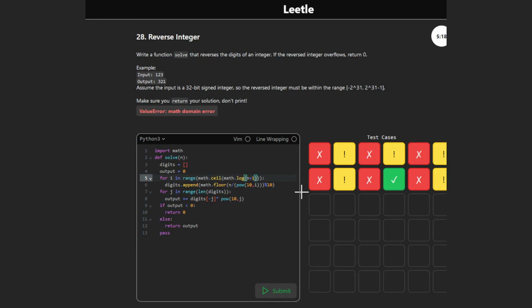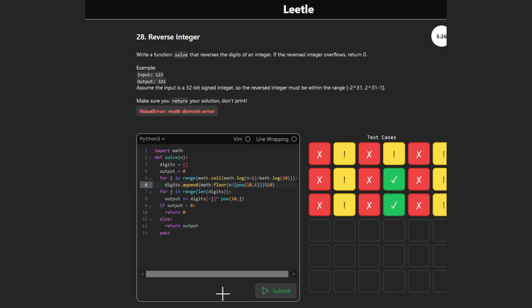Math.log of that divided by math.log of 10. Natural logarithm, right. That's still wrong? Oh, that's going to be incredibly wrong here.